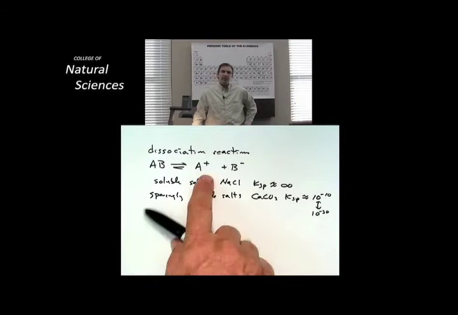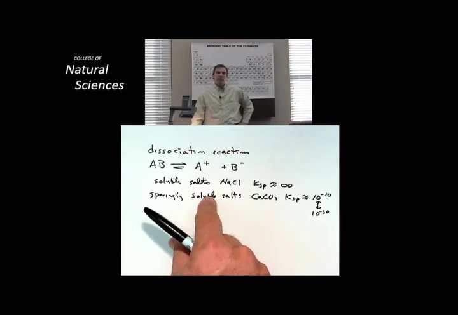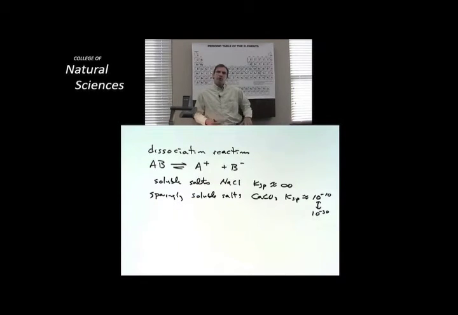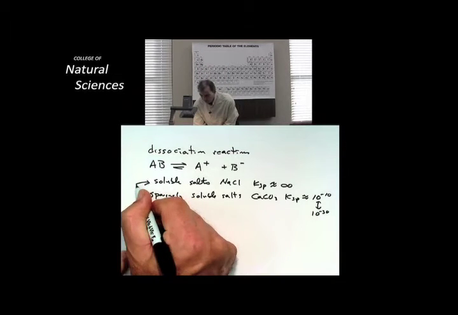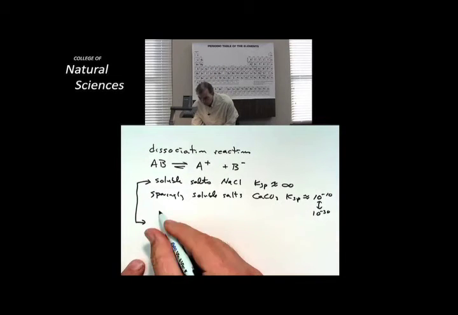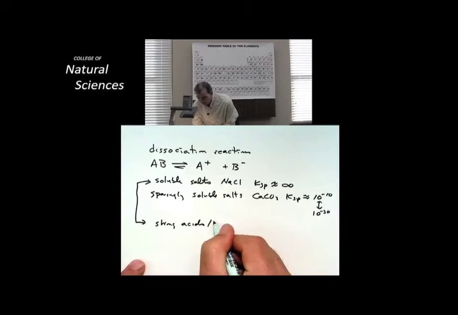Well, what's nice is that there's this amazing, very simple, obvious parallel between soluble and sparingly soluble salts and strong acids and bases and weak acids and bases. Very simply, the parallel is this. The soluble salts, like sodium chloride, are the equivalent of the strong acids and bases.